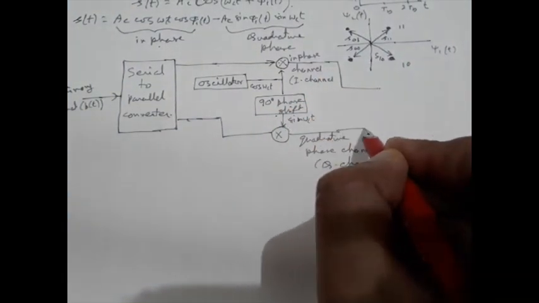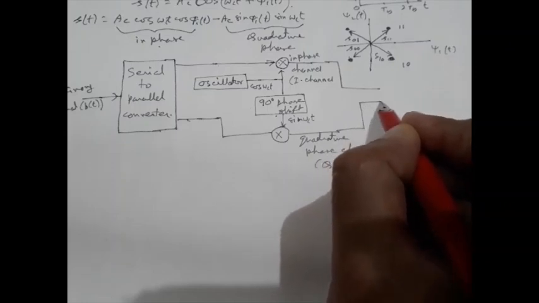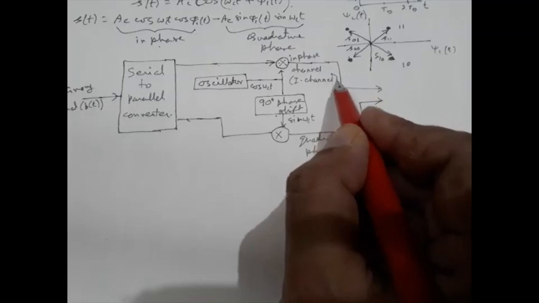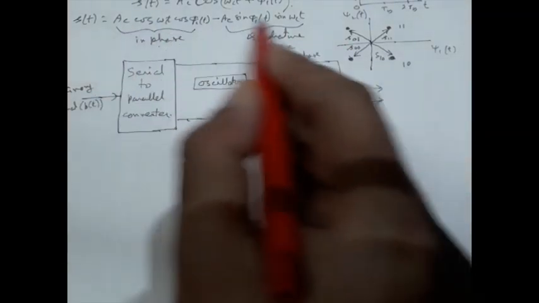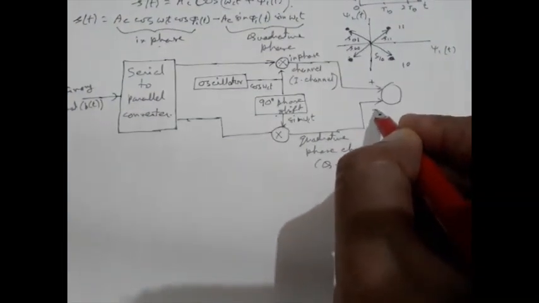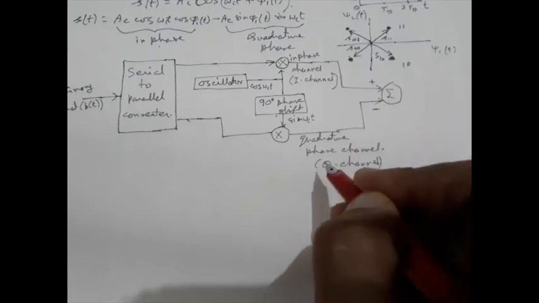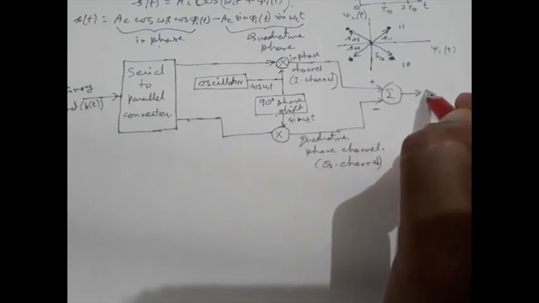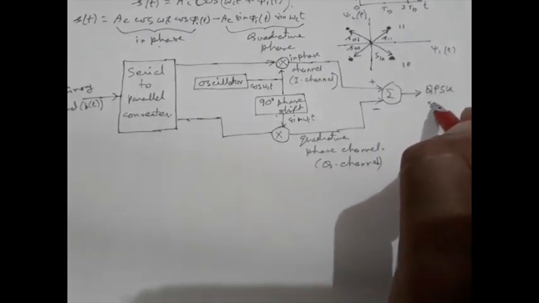So we have I channel and Q channel, the first one and the second one. Then we must have a subtractor. The output of the subtractor will be a QPSK signal.